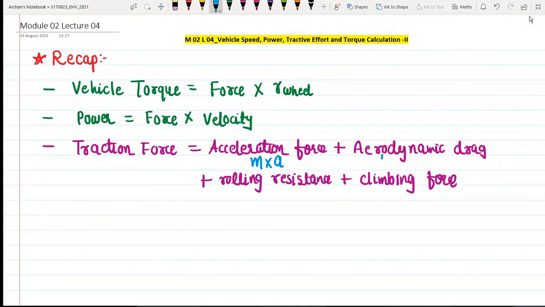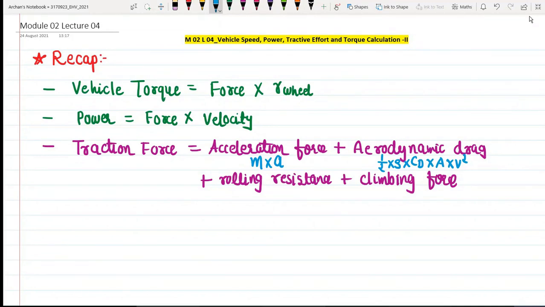Aerodynamic drag is given by half into rho into Cd into A into v square, where rho represents, does anyone can answer, it is air density, Cd is the drag coefficient, A is the frontal area of the vehicle, and v is the velocity of the vehicle.